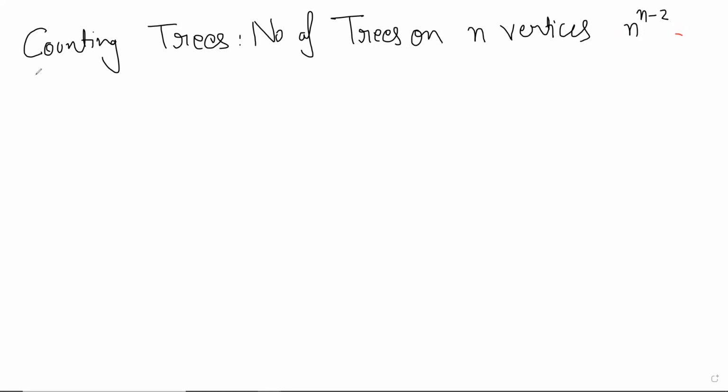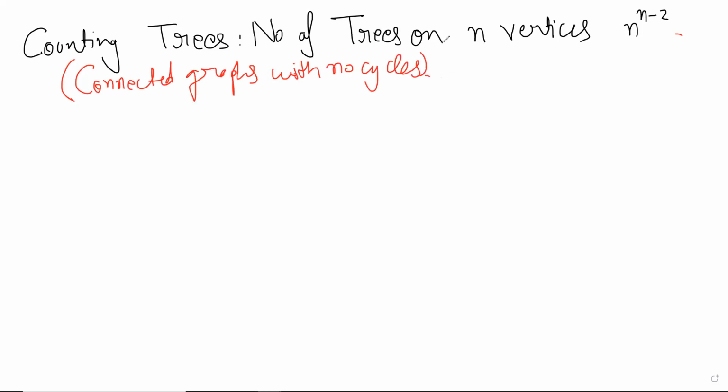But today, let me just write this. We have connected graphs with no cycles. This is a question that I asked myself when I studied this topic. Just to make one thing very clear, when we say on n vertices, I mean numbered vertices. This is different from this, because 1 and 3 are neighbors here, and 1 and 3 are not neighbors here.